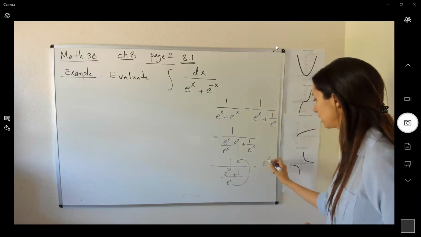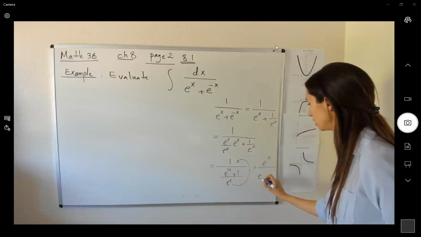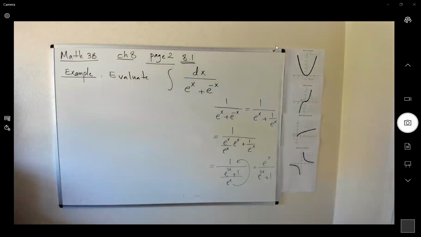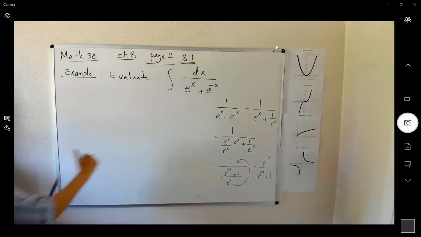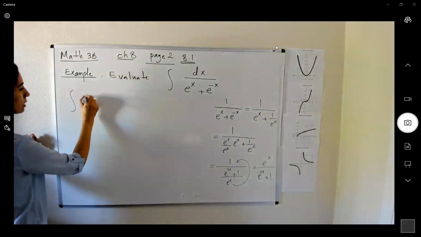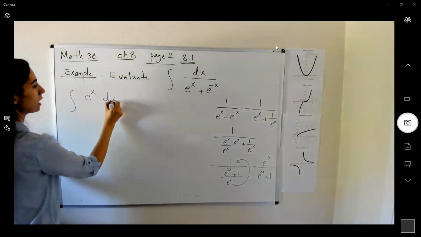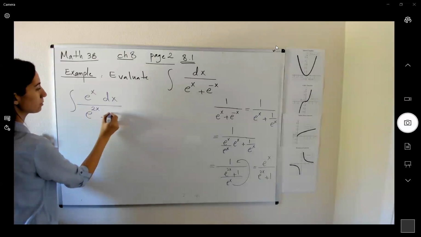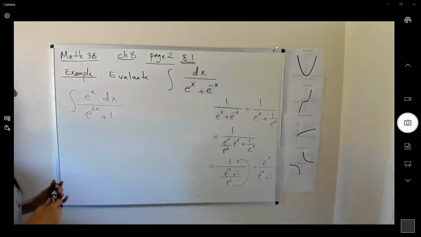I get e to the x divided by e to 2x plus 1. So my integral is now the integral of e to the x dx over e to 2x plus 1.